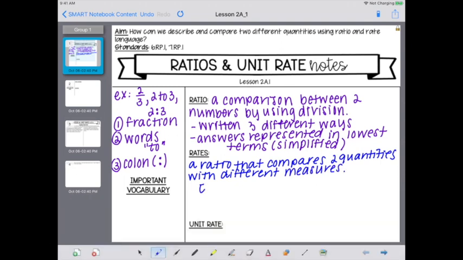So for example, miles per hour is a very common example of a rate. Another common example of a rate is price per gallon, price per item in the store.